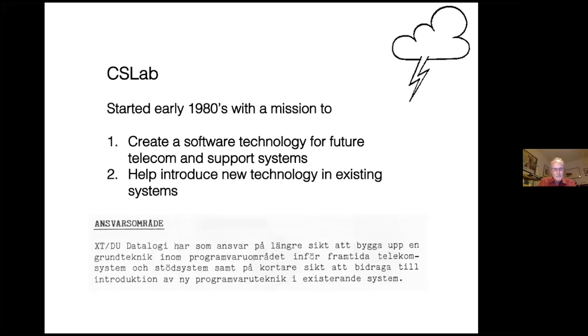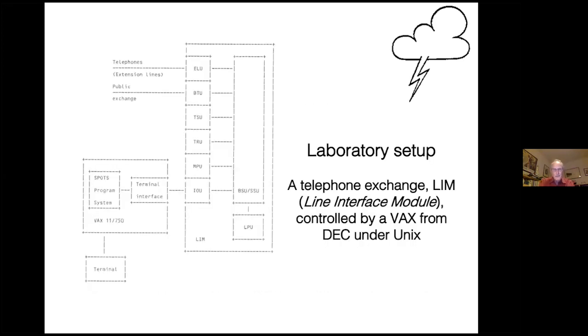And then the first thing we did was to create a real laboratory environment for software experimentation. The telephone switch is this thing in the middle, which has various units, tone senders, tone receivers, etc. But then there's a connection to a VAX computer from Digital Equipment, which could be programmed in all sorts of normal ways.